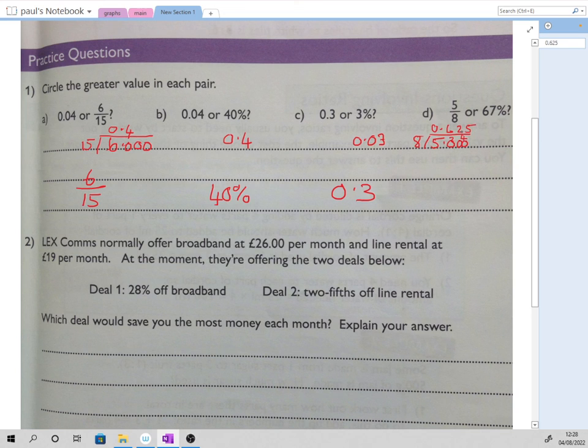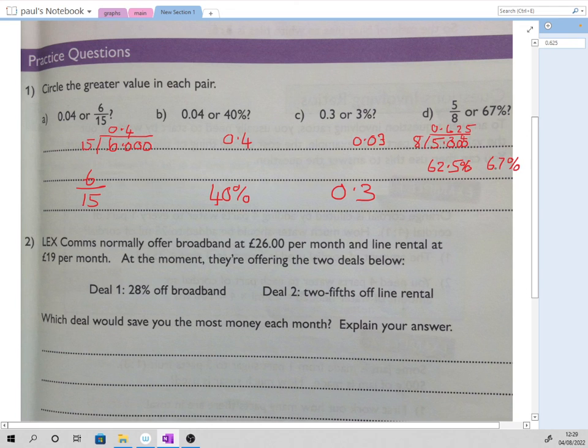So 0.625. Now I'm going to change that into a percentage, I just multiplied that by 100, to make it 62.5% and 67%. So the one that has the greater value is the 67%. So there's some difficult thinking to do on these.